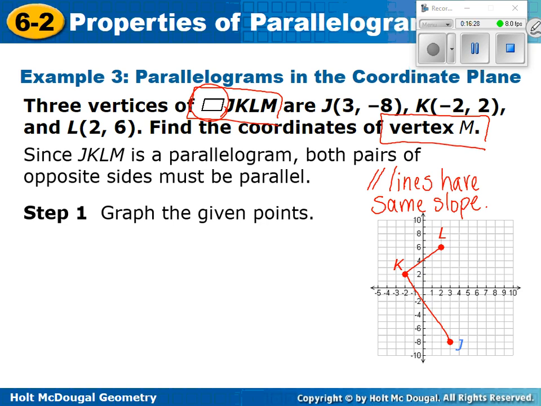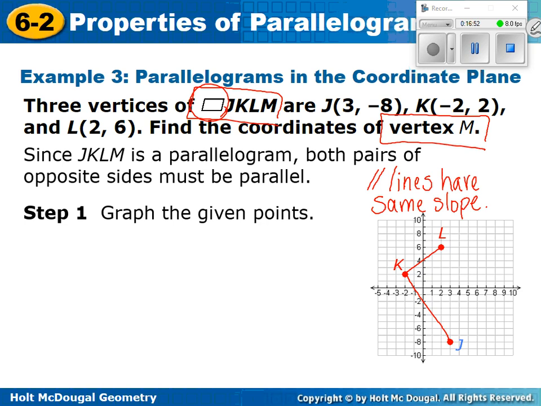So what you can do is go from K to L and find that slope. And then where would you want to go to repeat that slope? Down to point J, so that you could create the opposite side with the same slope. Or you could find the slope from K down to J, and then where would you want to go to repeat that slope? Go to L and go down and right the same distance.